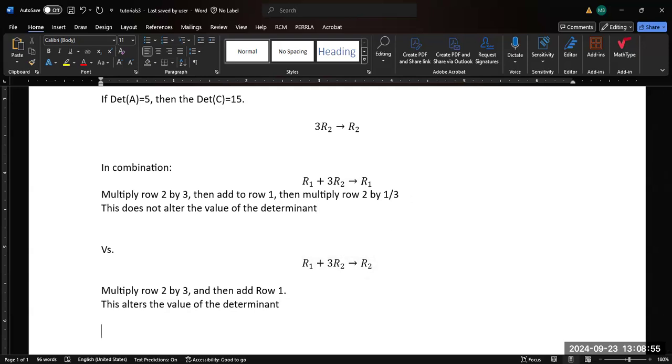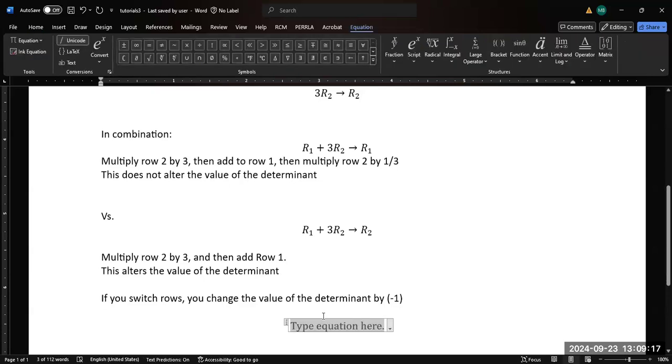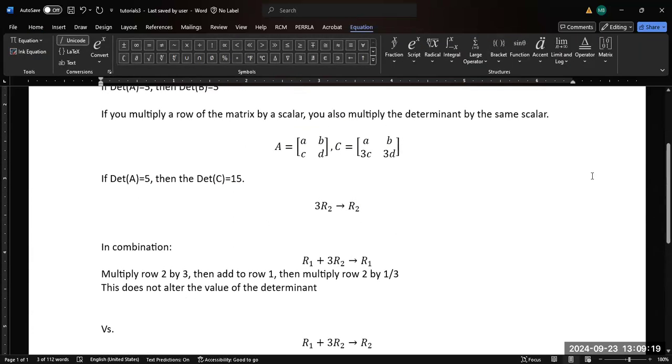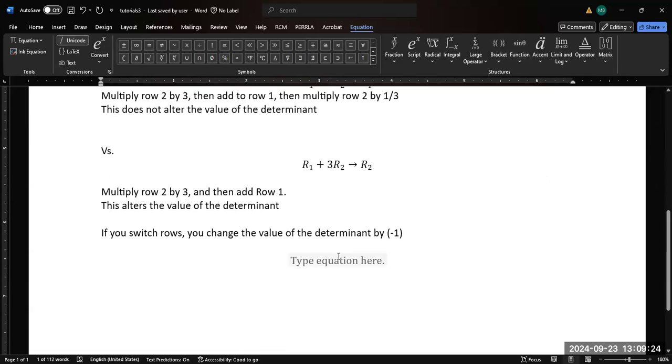Now, there is one other operation, and that is if you switch rows, you change the value of the determinant by -1. So by a scaling factor of -1, you flip the sign. So if we look back at our example, A is this, and then let's come up with another matrix.